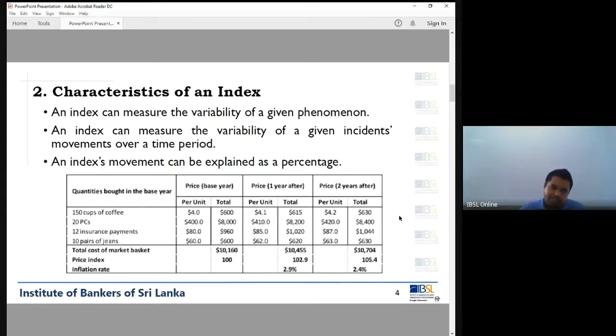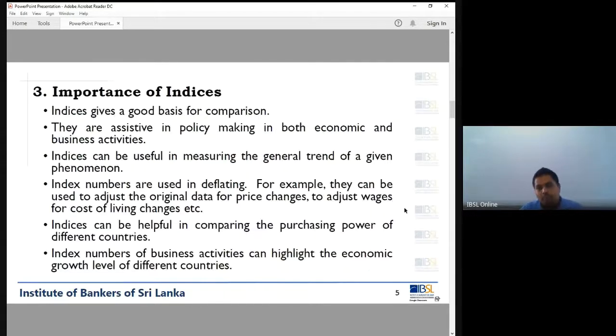Having identified the characteristics of an index, let's understand why we do this indexing, what its importance is, and what the usages are. One could say indexing seems to be an extra step from the absolute world, defining things on a different scale. Absolutely correct.